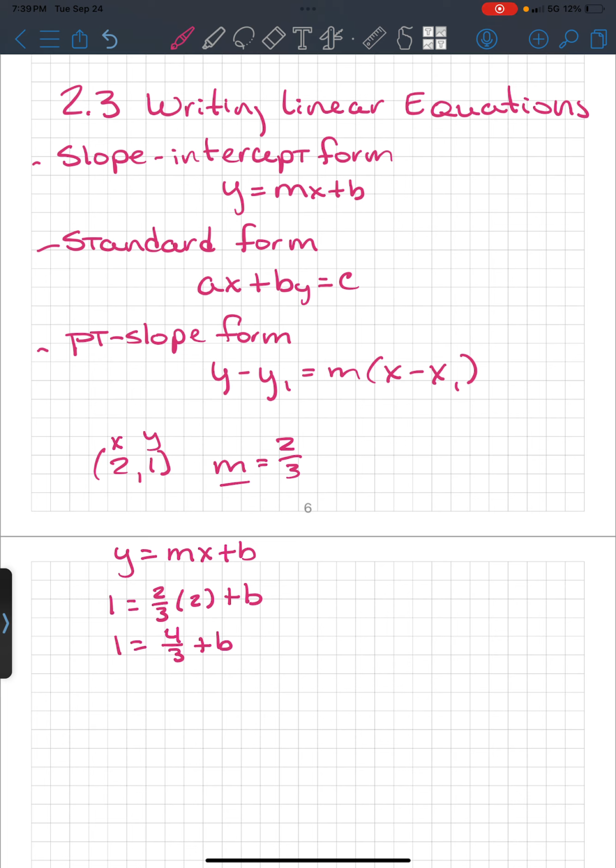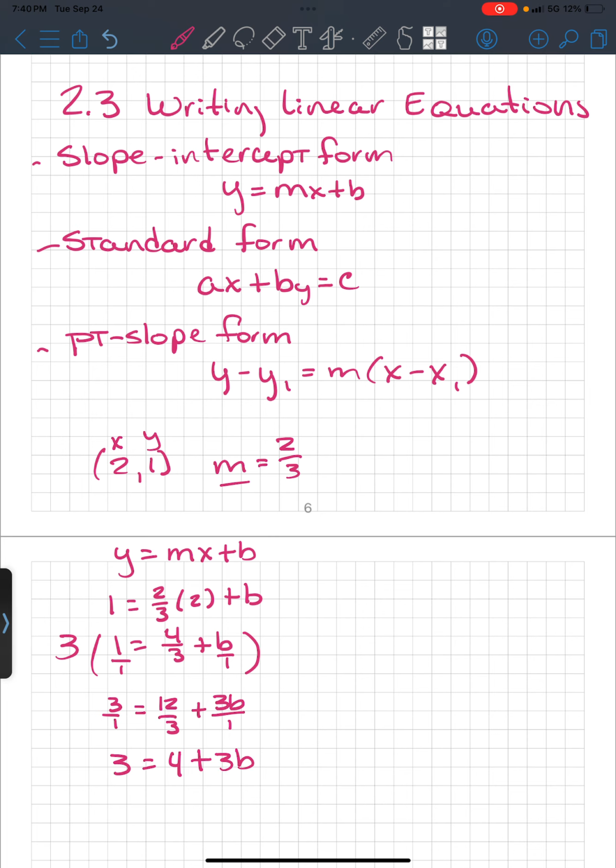We're going to get rid of the fraction in our equation, and if you remember, you multiply by the common denominator. Well, these denominators are 1, 3, and 3, so the common denominator between all three of these is 3. So now I'm going to multiply everything by 3. So you're going to have 3/1 equals 3 times 4 is 12/3 plus 3b/1. And now I'm going to simplify or reduce.